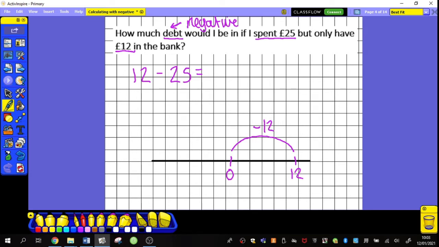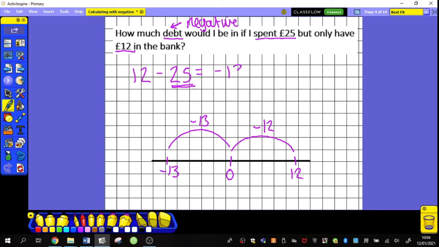Then I just need to think, how much more do I need to take away? If I'm taking away 25 in total, and I've already taken away 12, then I'm going to need to take away another 13, because 13 add 12 will equal the 25 that I'm taking away. So if I am on 0 and I'm taking away 13, if I was to count back, I would get to minus 13.